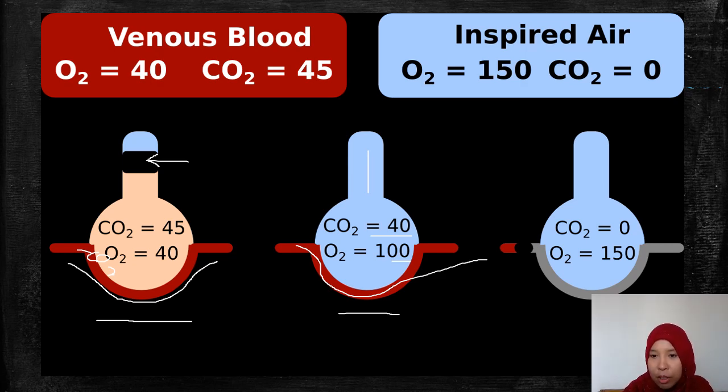And in the last picture, you can see here there is blockage in the blood vessels, which means that there's no perfusion, but there's no blockage here, right? There's no blockage here, so this means that there is ventilation, but there's no perfusion. So because of that, you have the level of carbon dioxide at 0, right?